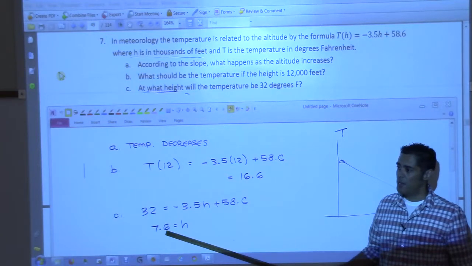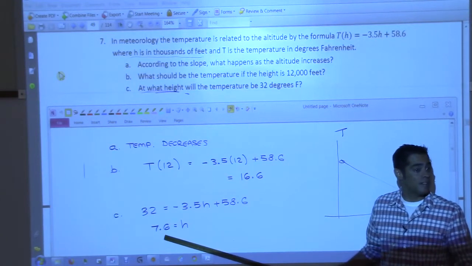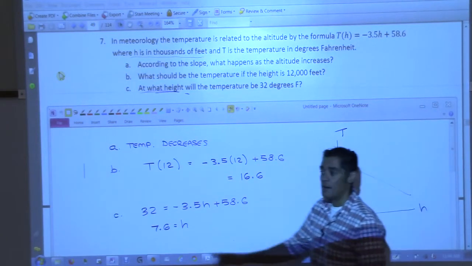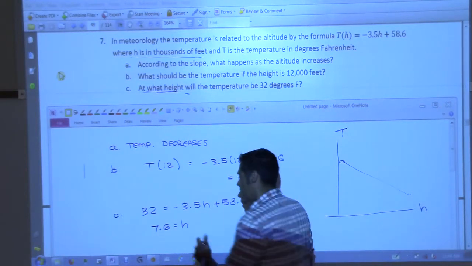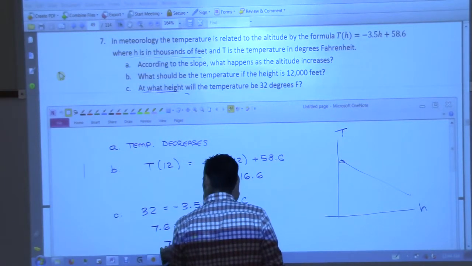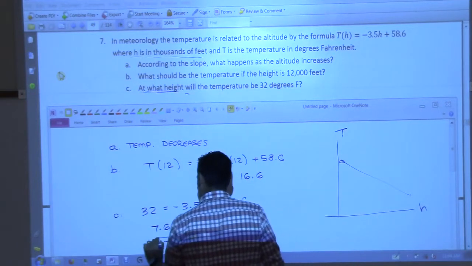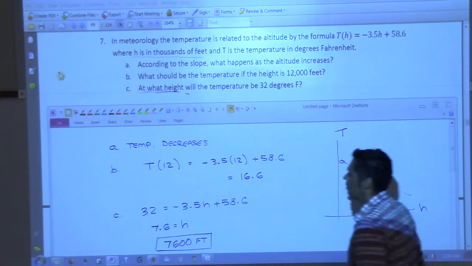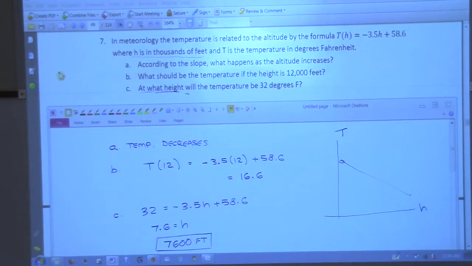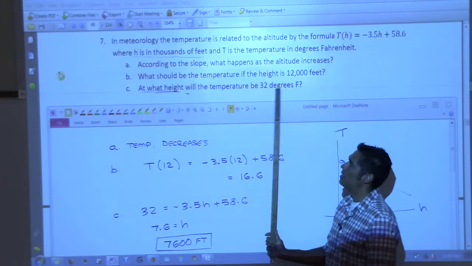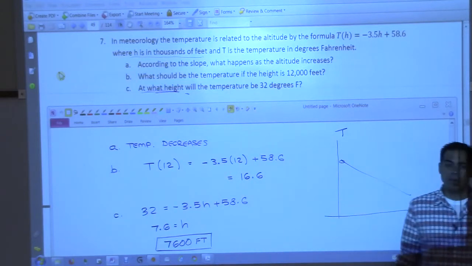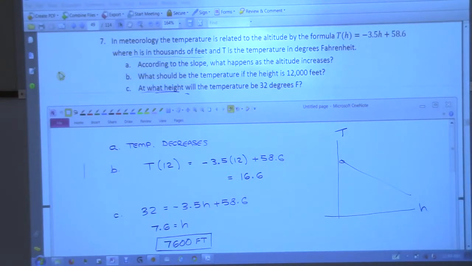No. We're saying 7,600 feet, because remember, this is in thousands. So we need to convert this and write 7,600 feet. What they were trying to get us to do is figure out at what altitude we would be at the freezing point, 32 degrees.